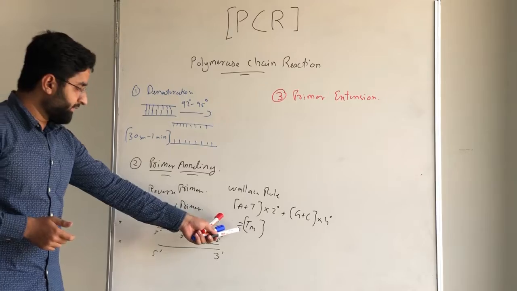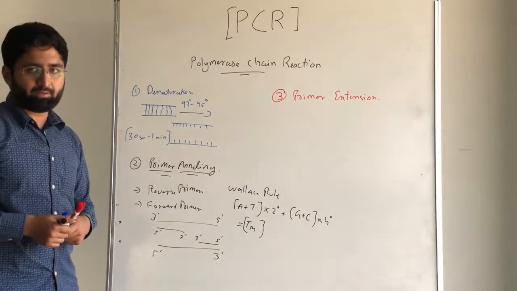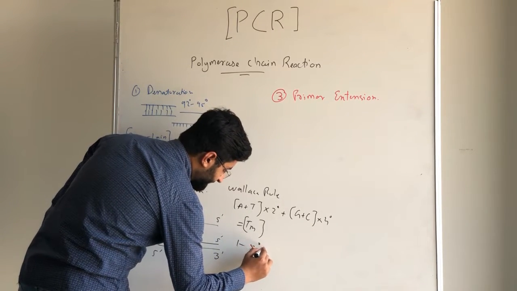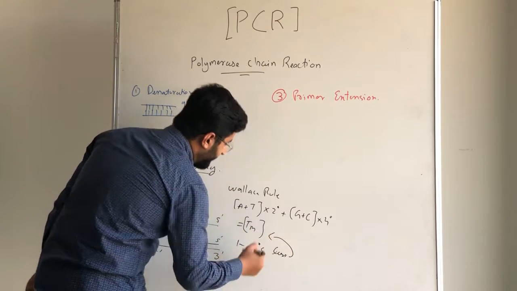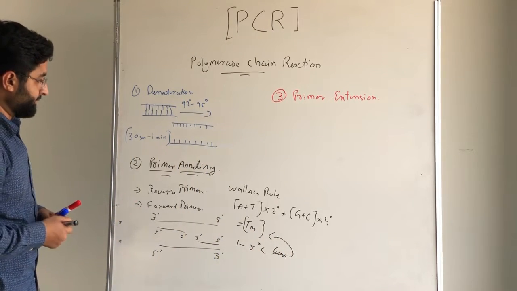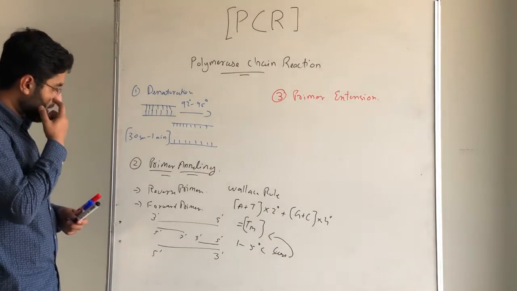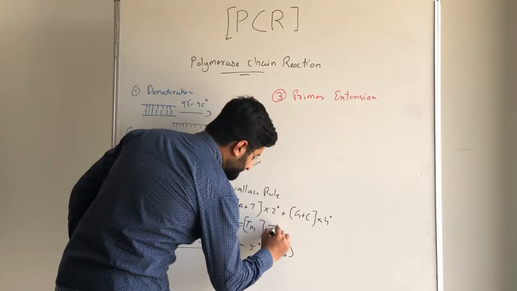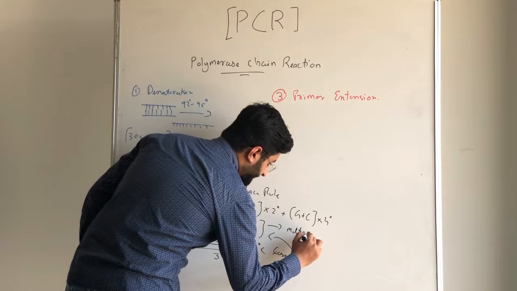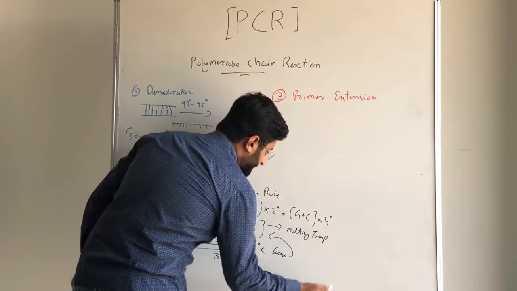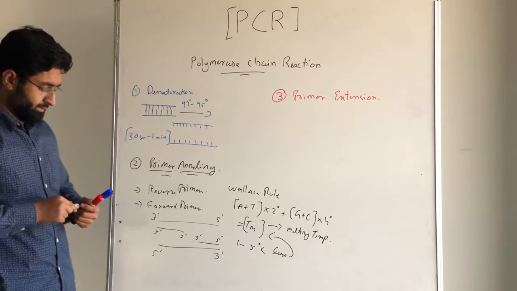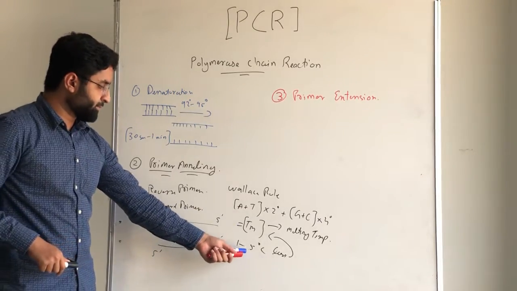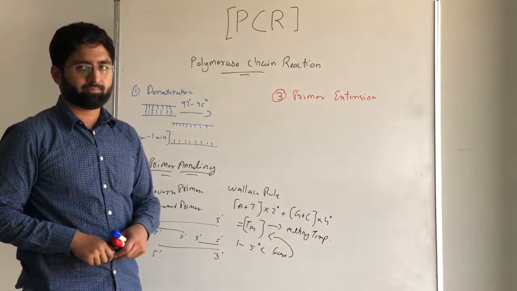So we can easily calculate the temperature of that primer by this method, and we take about 1 to 5 degrees Celsius less than the Tm. So this actually happens in primer annealing. Here Tm stands for melting temperature. At this temperature, the primers will no longer be able to function. So that's why we take about 1 to 5 degrees less than the Tm.